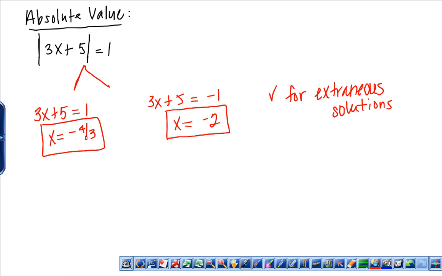So plug in a -4/3 up here, a -4/3 times 3 plus 5, and you take the absolute value. This one works. If I plug in a -2, that gives me -6 plus 5, absolute value. This one also works. These are okay.